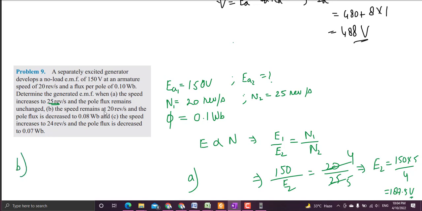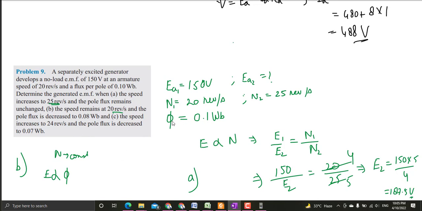Next, part B. The speed remains at 20 revolution per second. So here in part B, speed is constant, and the flux per pole is decreased. So here now the speed is constant, N is constant. Phi is changing, so I can write E is directly proportional to phi. Okay, and flux is decreased.